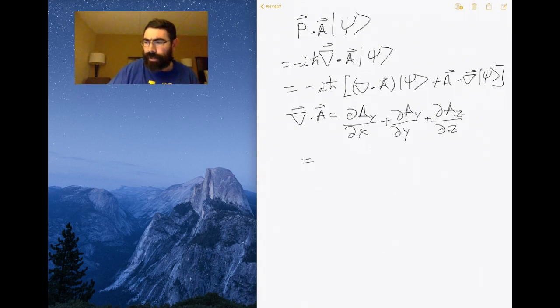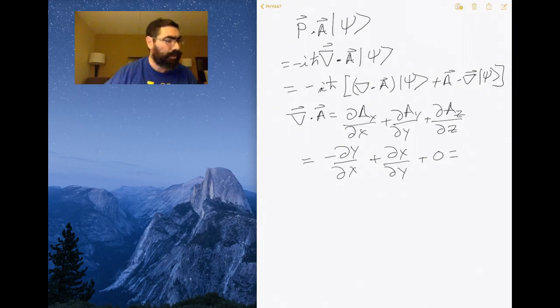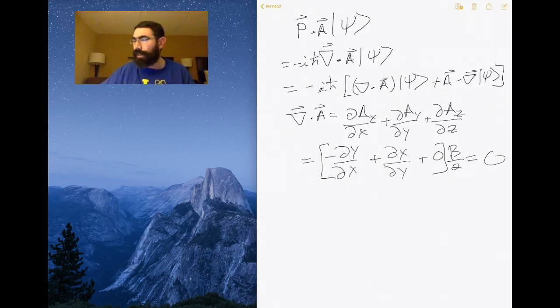And if we put all this in, I get minus the derivative of y with respect to x plus dx dy plus 0 is equal to the magnetic field divided by 2, and that is going to be equal to 0. So that term right there of del dot A is going to be equal to 0.